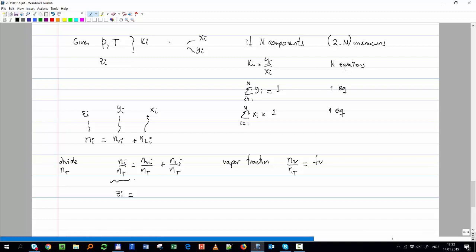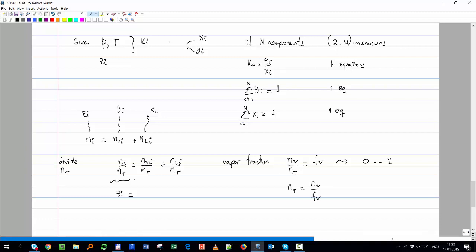So I can say that Nt will be equal to Nv divided by Fv. And this number should be between 0 and 1. If it's 0, it means that everything is liquid. If it's 1, it means that everything is vapor.